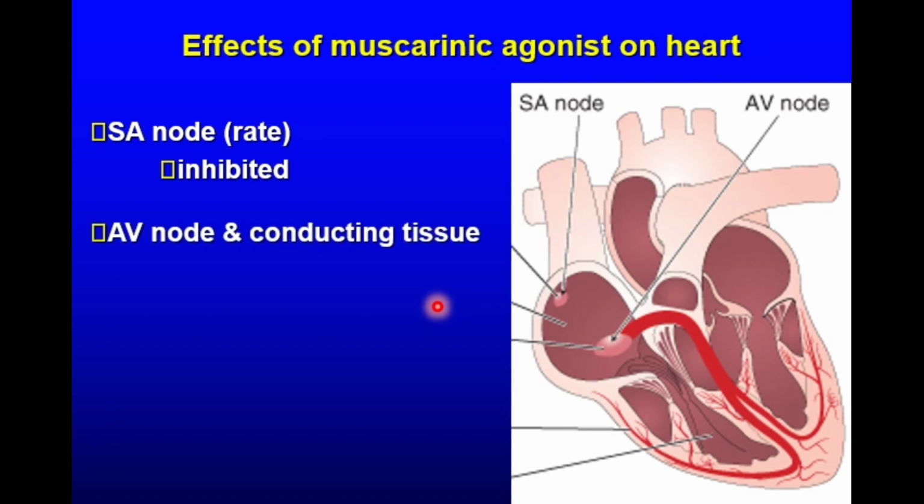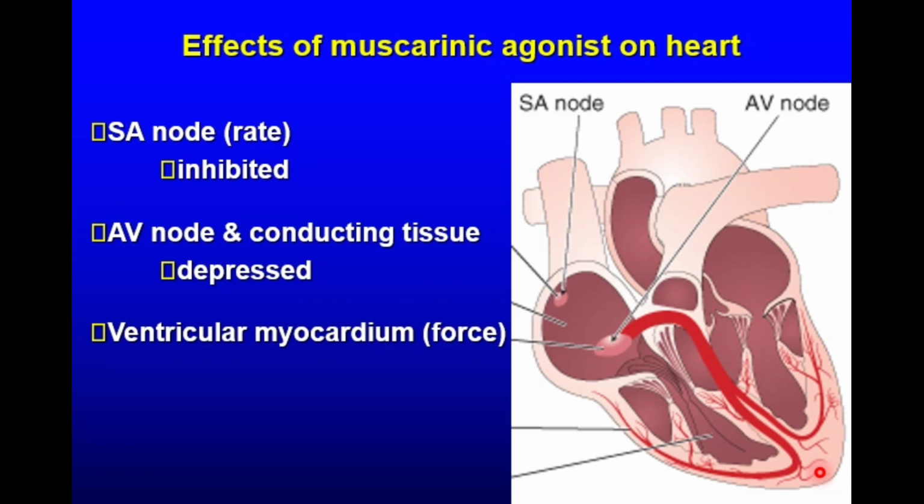Parasympathetic neurons also innervate the atrioventricular node. Acetylcholine depresses conduction through the AV node and is associated Purkinje fibers. The ventricular myocardium does not receive parasympathetic innervation.